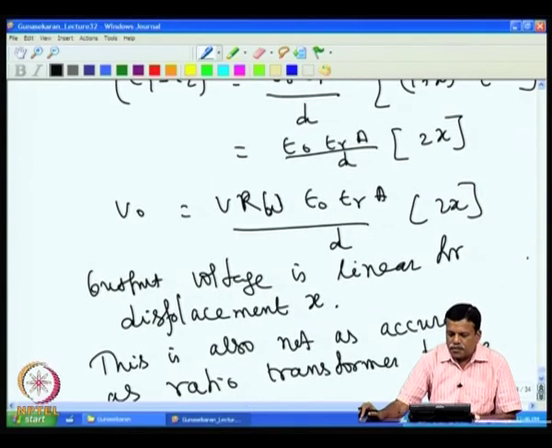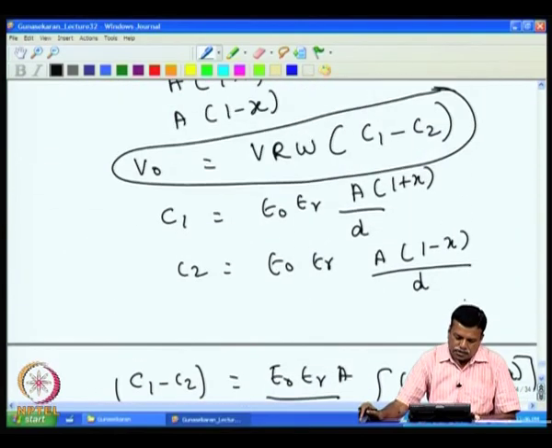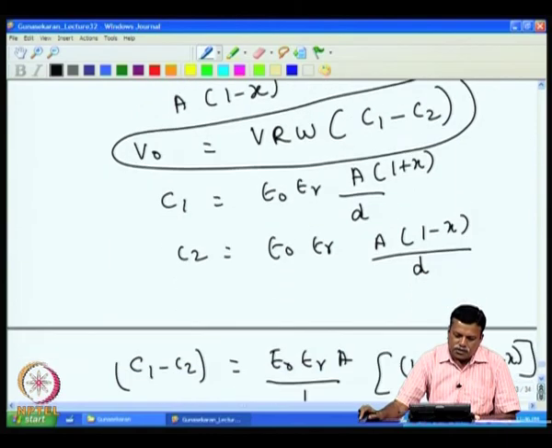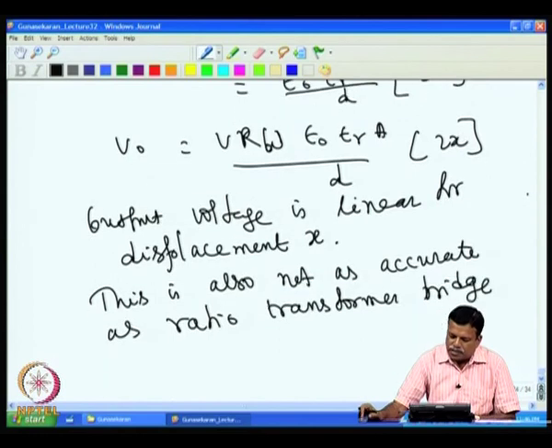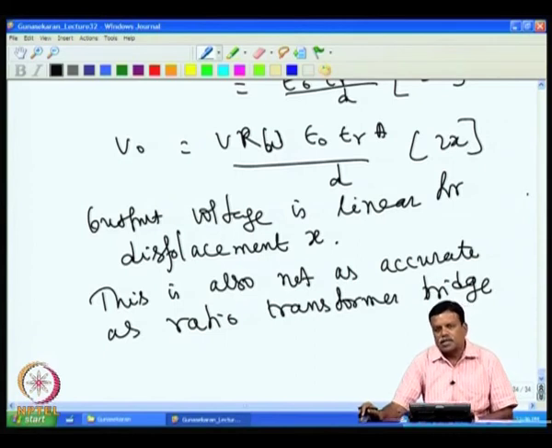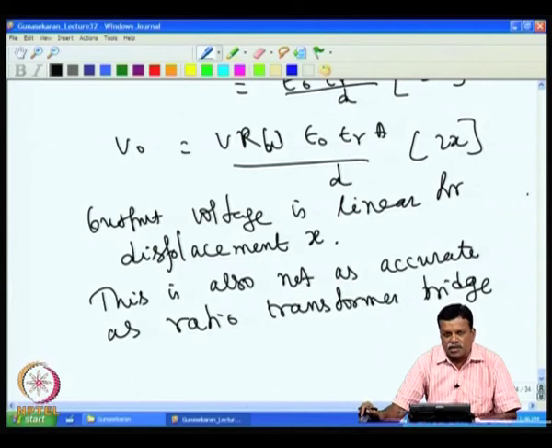Linearity is there, but other variations are there. Now, there is one other way of looking at this capacitance measurement: can we go for a null method instead of looking at V naught?